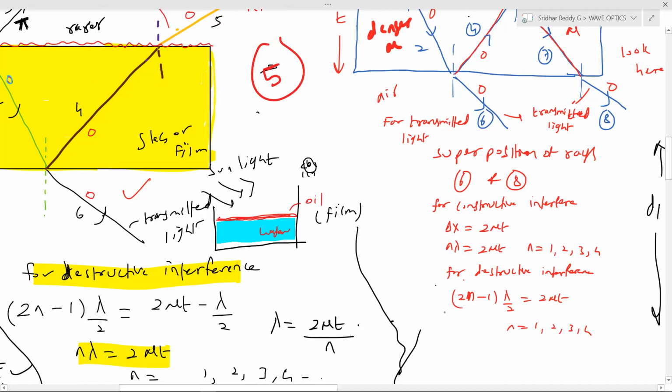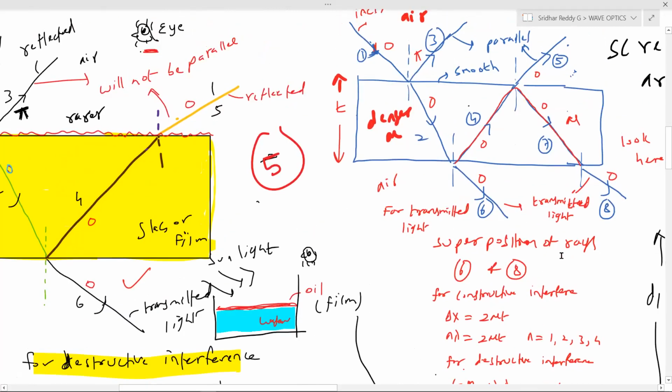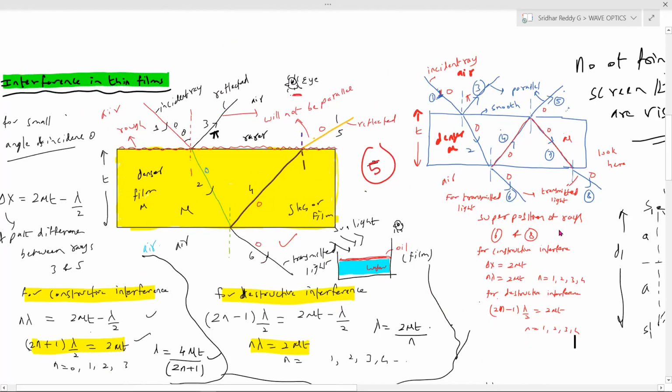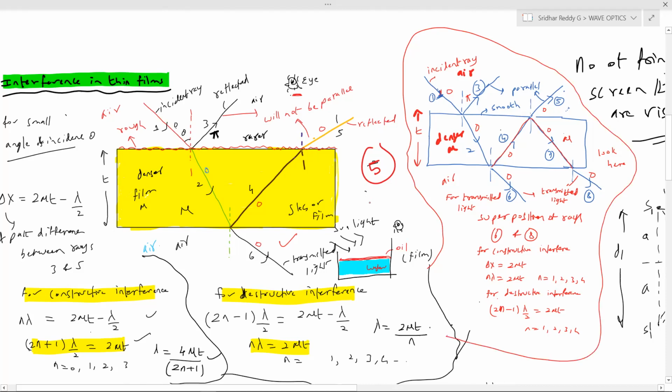So it will be the reverse of what we see for reflected light; the conditions for constructive and destructive interference are a little bit reversed. I think the complete thing is visible. This section is totally different. Okay, this is the basic idea of interference in thin films.